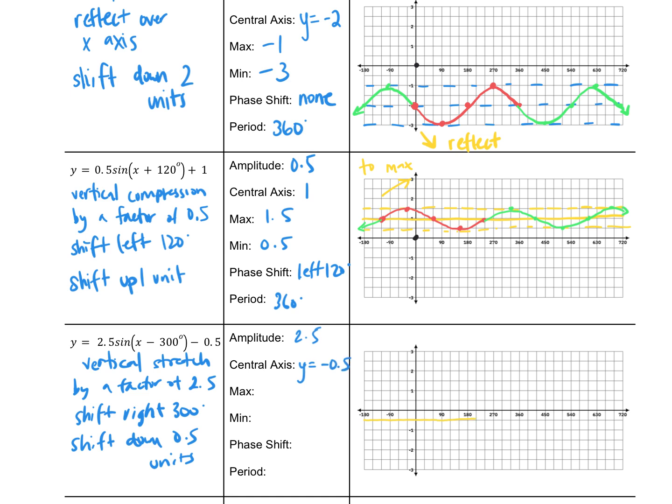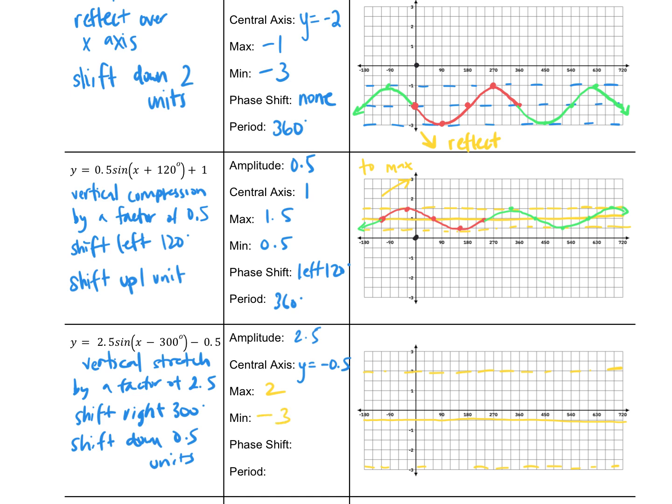So here's the central axis. And then I have to go 2.5 above. 1, 2, 2.5 will take me to a maximum of 2 and a minimum of negative 3.